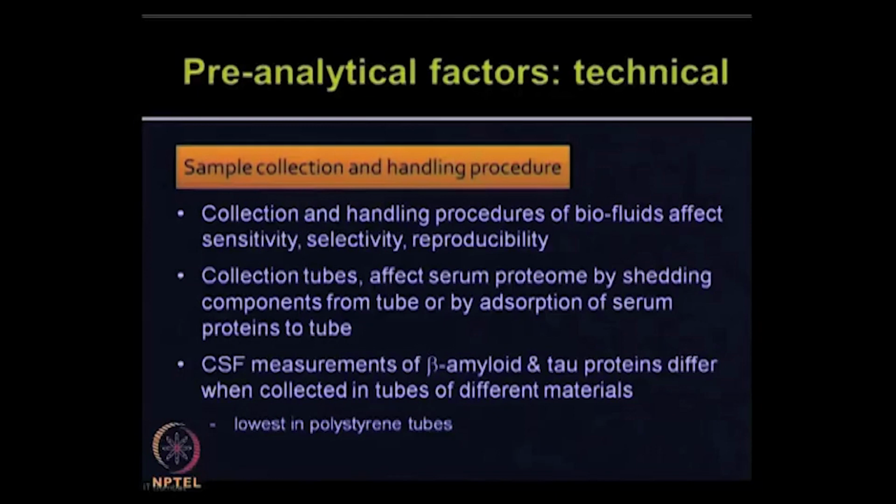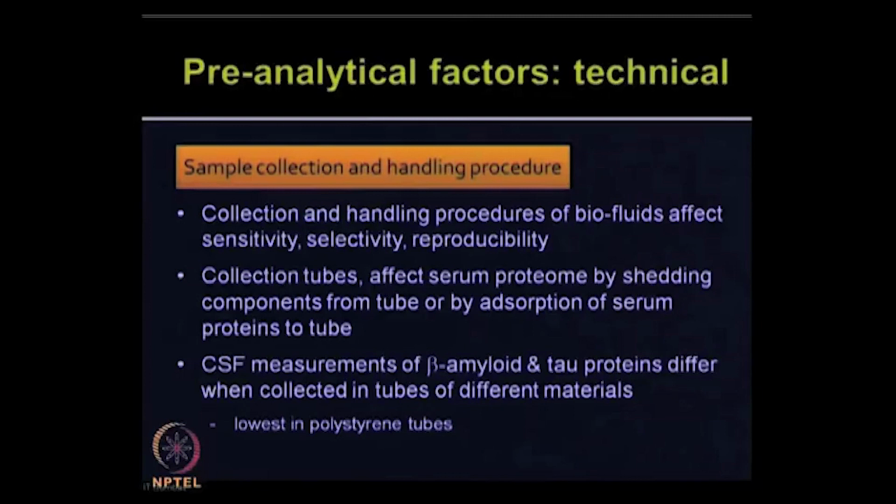The collection tubes in which you are collecting your serum sample are going to influence the analysis if you are using different types of tube materials. The shedding of components from the tube or adsorption of the serum proteins to the tubes will in some way influence the proteome analysis.